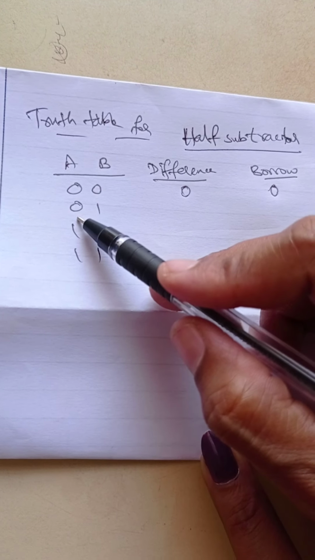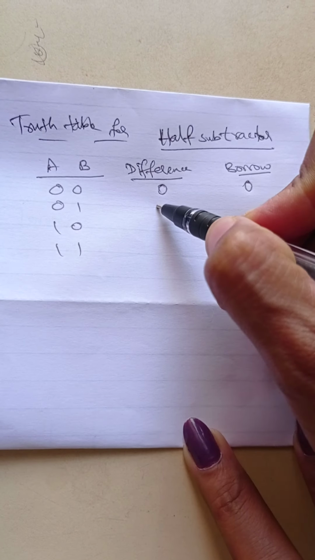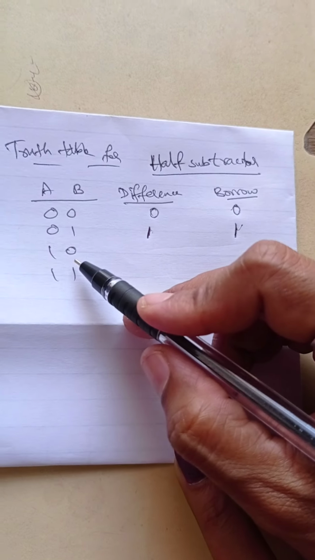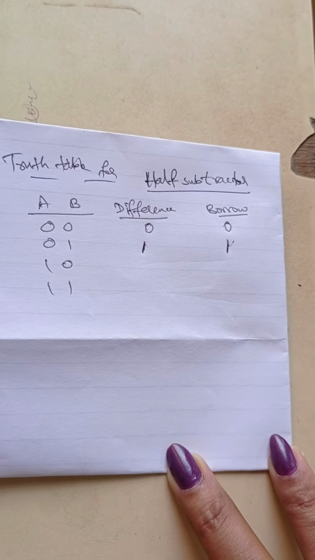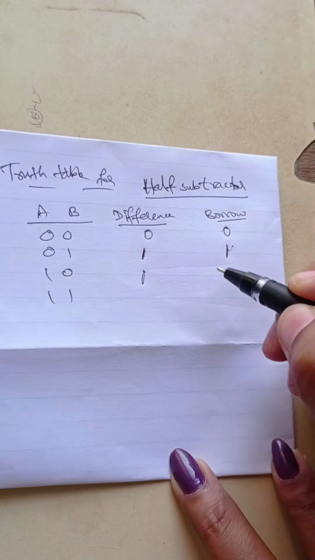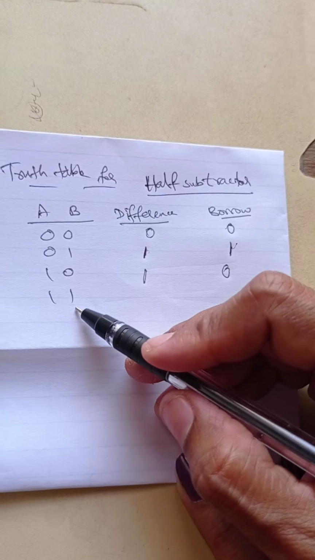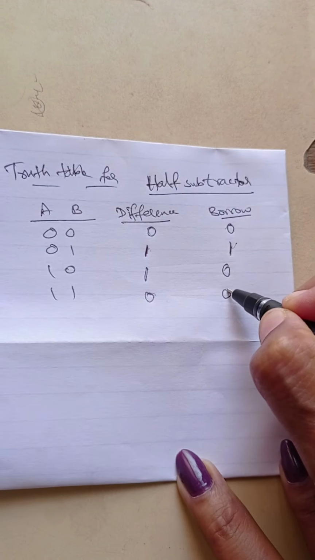When you subtract 1 from 0, the difference becomes 1 and borrow is 1. Next, 1 0, the difference becomes 1 and borrow is 0. Now when you subtract 1 from 1, the difference is 0 and borrow is 0.